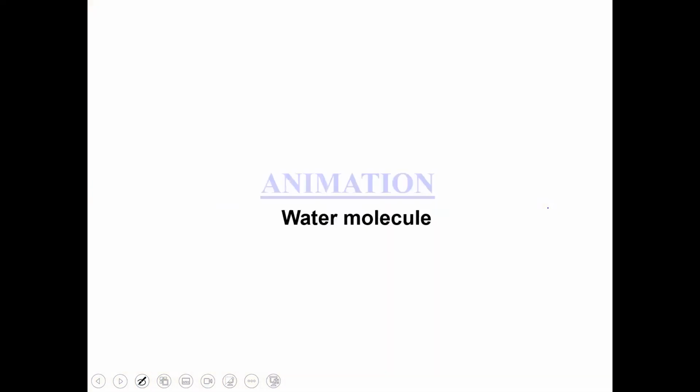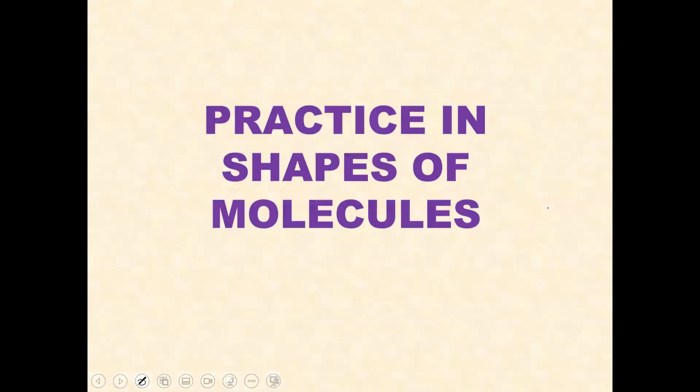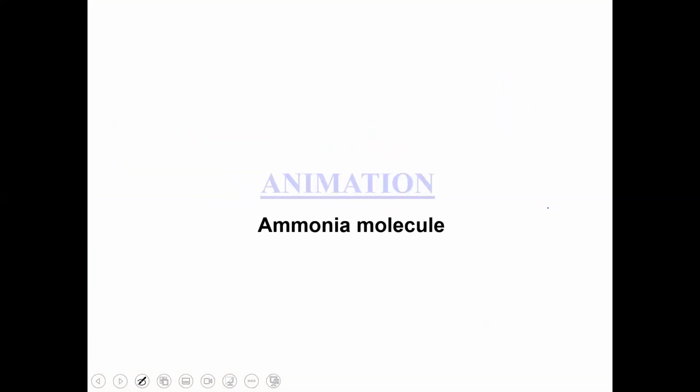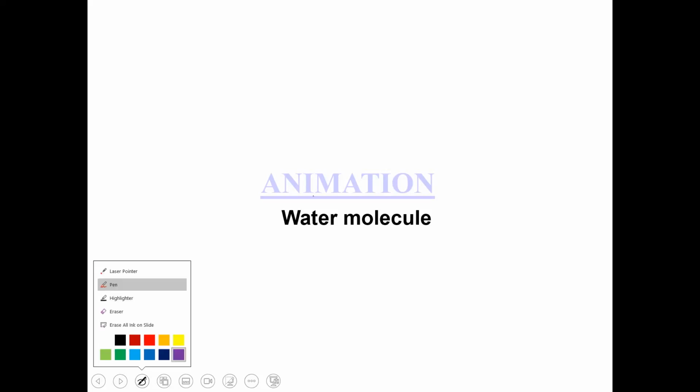Now, let's have a review of some shapes. We have done water molecule, we have done ammonia molecule, we have done some other molecules. Remember, water molecule is important to call back because water is one of their favorite molecule.